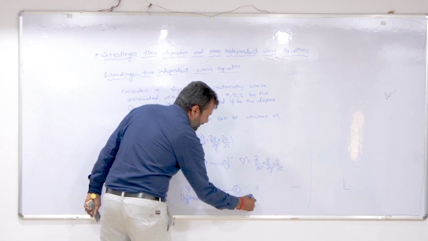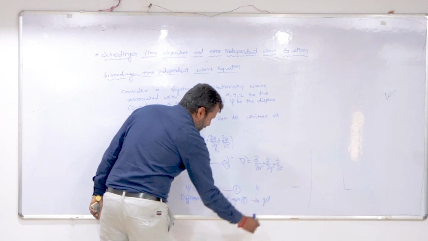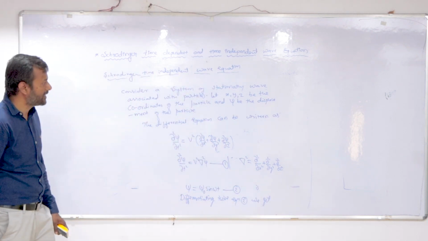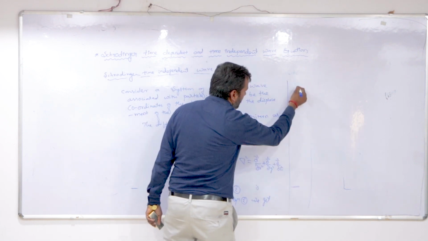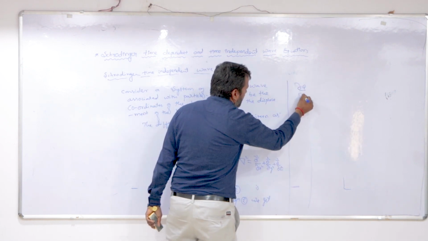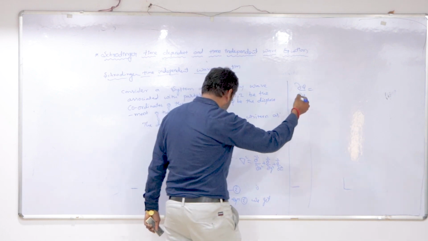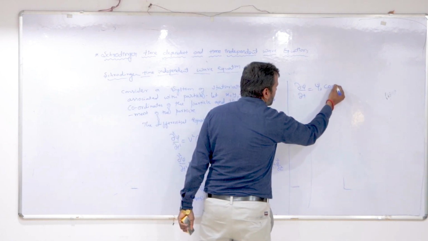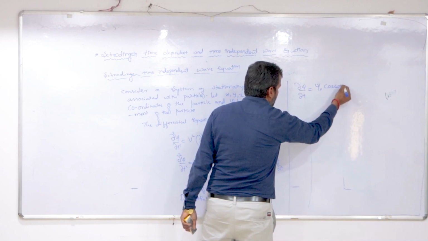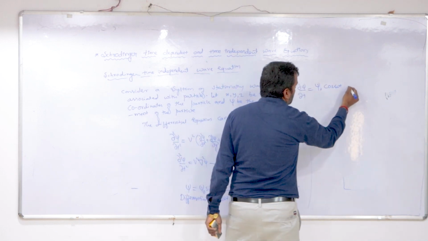Equation 2: if you differentiate this equation, we get dou psi by dou t is equal to psi naught, the differentiation of sine is cos omega t, into omega.